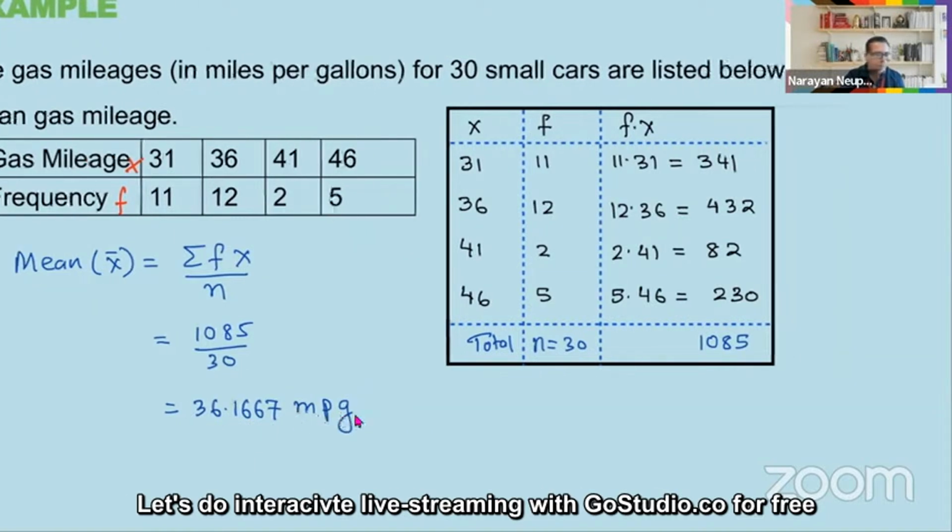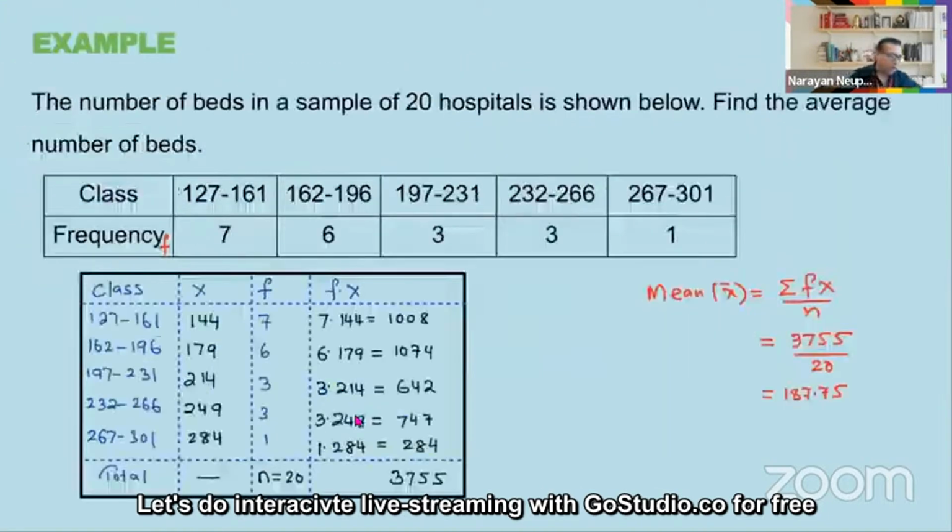But in this problem, we are talking about the number of beds in a hospital. So number of beds in a hospital, is it discrete or continuous? It is discrete. They will not say that we have 200.3 beds, right? They will have 200 beds or 201 beds. They will not have a decimal number. So this decimal number is not possible.